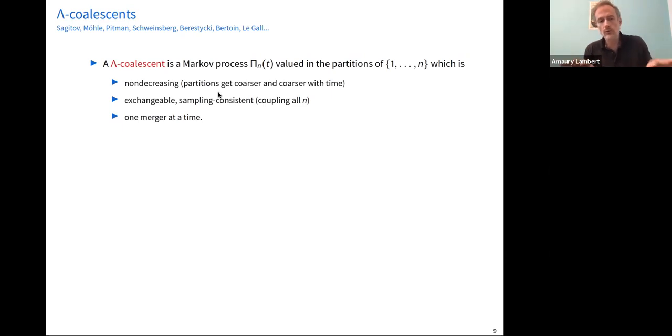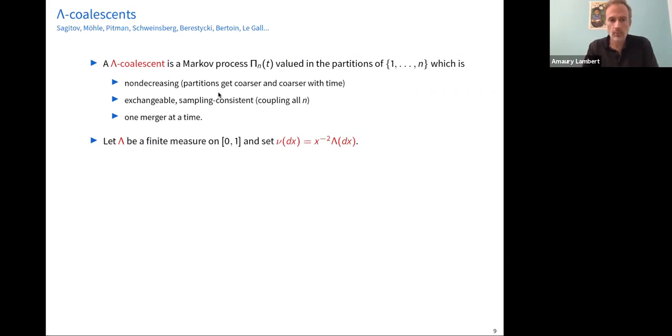A merger is when you have a subset of blocks that coagulate together into one new single block. Here we assume that we can't have multiple mergers at the same time. So a merger can be more than binary, more than two blocks coagulating at the same time, but no multiple mergers.